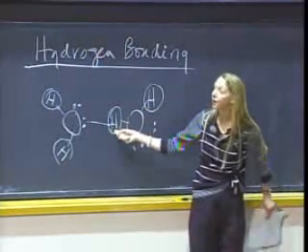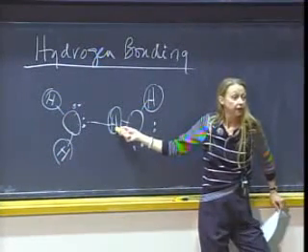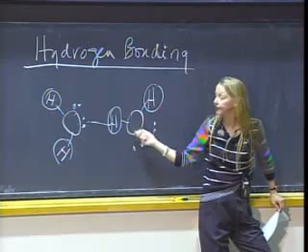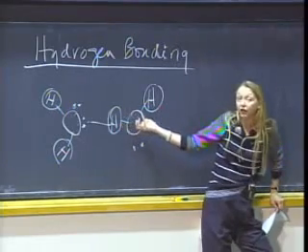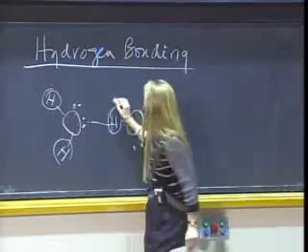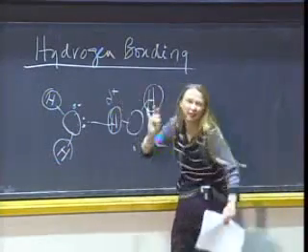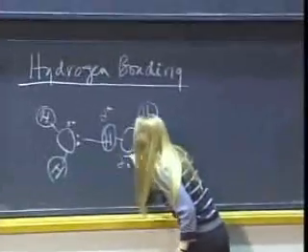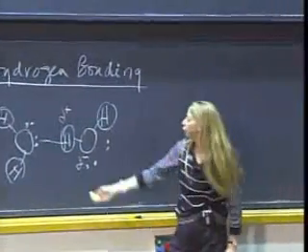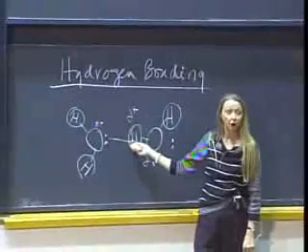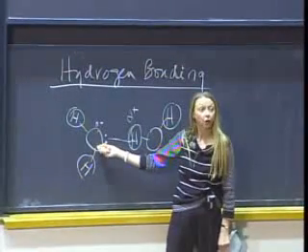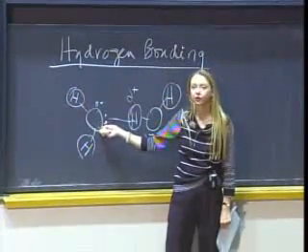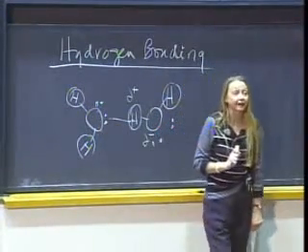It does so because this hydrogen is kind of de-shielded. The oxygen, being so electronegative, has kind of pulled all the charge toward it. So this hydrogen kind of looks like a little bit positively charged, delta plus, where this is kind of delta minus. And so this hydrogen being really small, hey, it can get close to the oxygen lone pairs where there's a lot of electron density and form a bond.